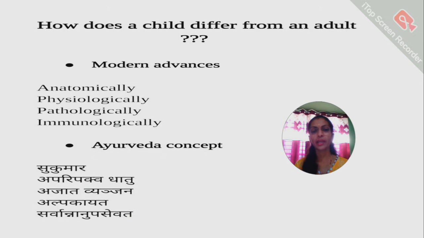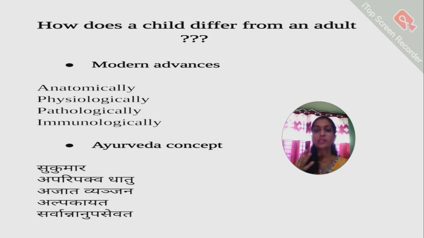If we take the same topic in the Ayurvedic concept, the Kumara or Bala is Sukumara, meaning very sensitive, with Aparipakwa dhatu, Ajata Vyanjana meaning devoid of reproductive systems, and Alpakayata, meaning less body structure compared to adults.